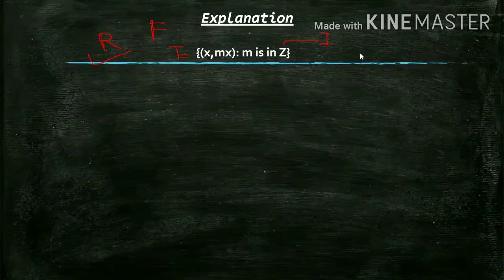Again, I'll be using the concept of graph and very easily you will be able to understand it. If I have to write this in a similar way, I can write it like this. Ordered pairs (x, y) such that y equals mx, and m belongs to Z. Just remember how I am writing this.